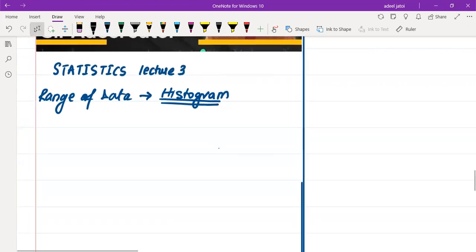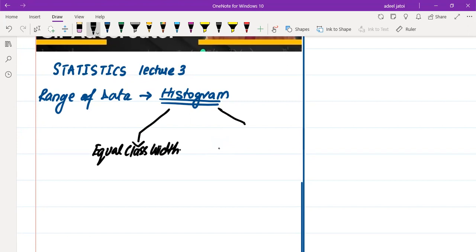Now, with respect to the histogram, it is very important for you to understand that histograms are of two types. One is with equal class width, and the other one is with unequal class width.